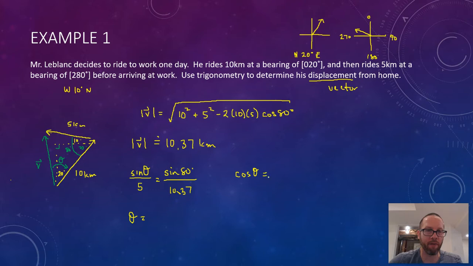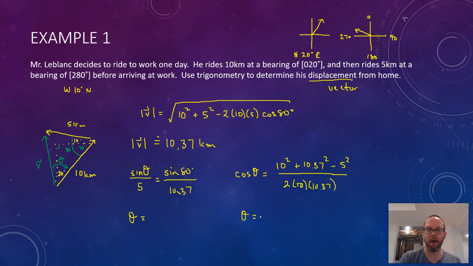So the cosine of that angle, theta, would be the 2 sides that sandwich it, 10 squared plus 10.37 squared, minus the opposite side squared, over 2 times 10 times 10.37. We have more information than we need to find that angle, but why don't you try getting that angle 2 ways? So I'm going to do that as well right now.